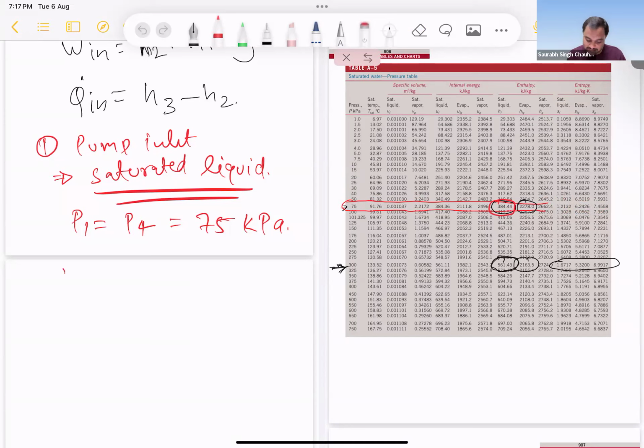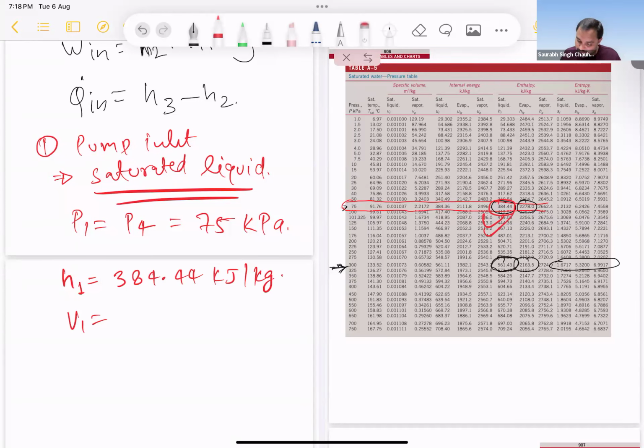In the table, H1, that is enthalpy of saturated liquid at 75 kilopascal, is given to be 384.44 kilojoule per kg. And what else?